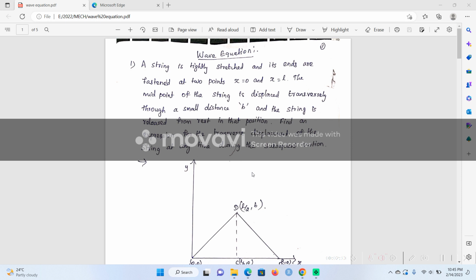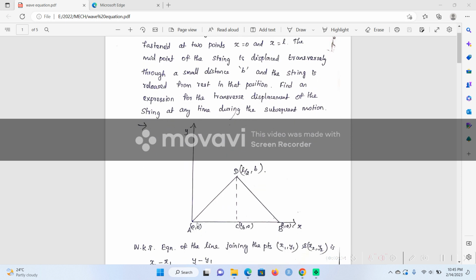So what's our idea? Here the string displacement makes one wave equation. So we are going to consider the wave equation format. For that, first we will consider one graphical representation of the length of the string and the displacement of the string at any point.